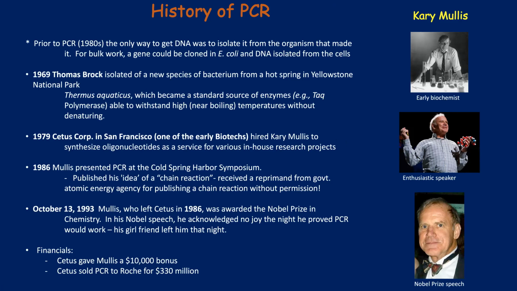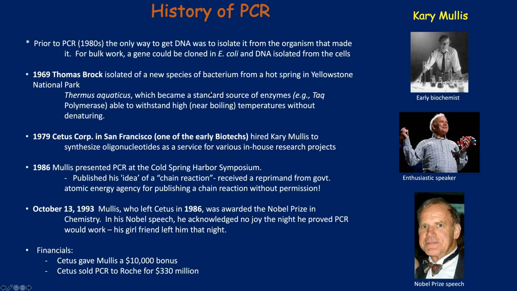But prior to PCR in the 1980s, the only way to get DNA was to isolate it from an organism. And that usually meant cloning it in E. coli, and then you grind up the E. coli cells, extract the DNA, and purify it. But then, as I said, in 1969, this man, Thomas Brock, isolated this new species of bacterium from a hot spring.